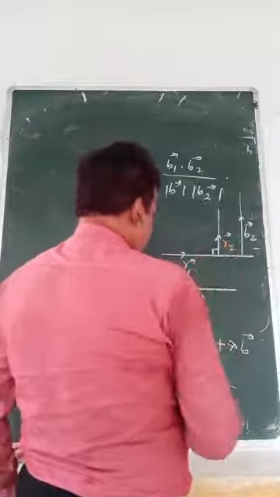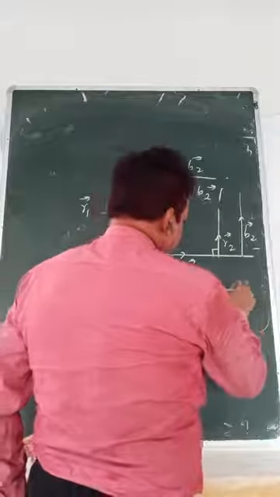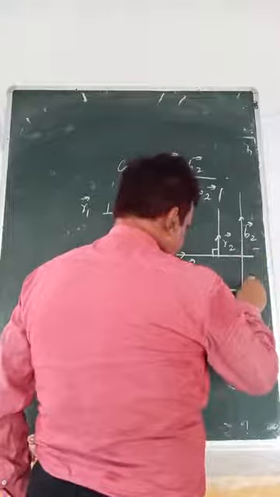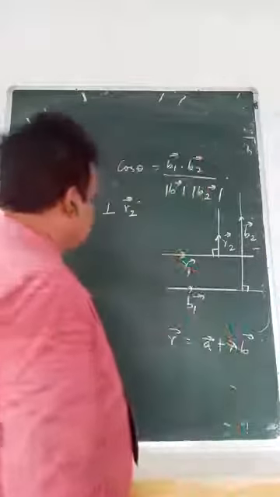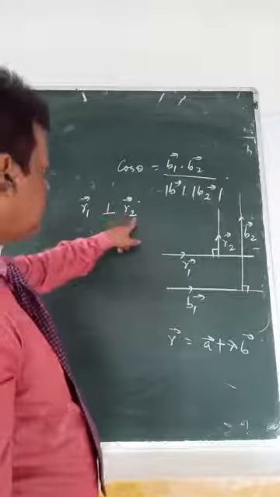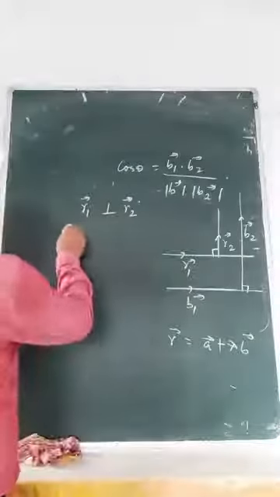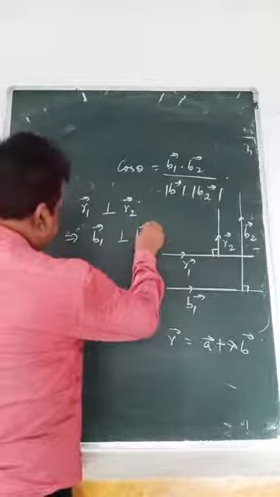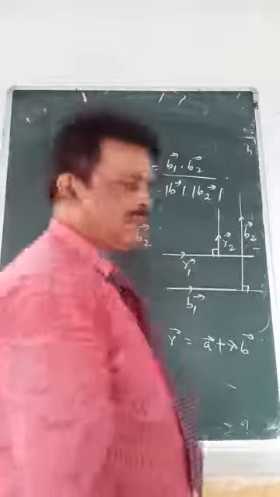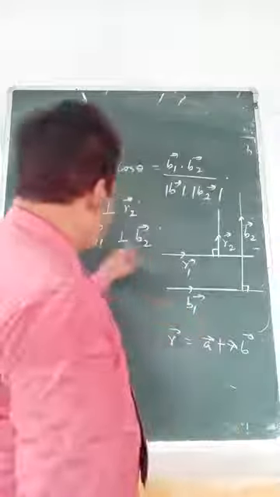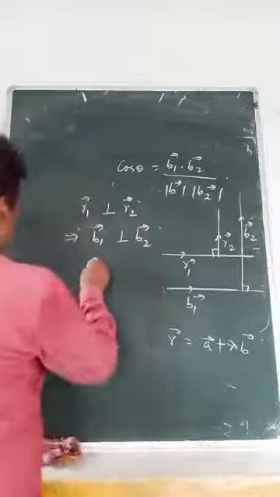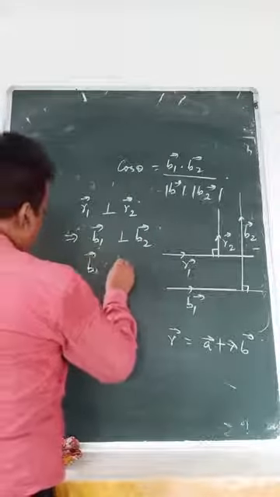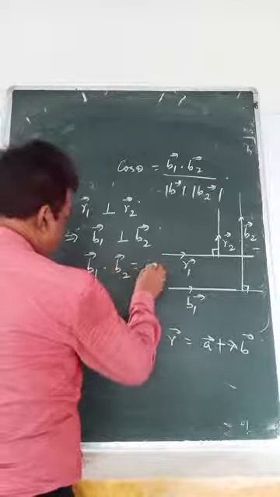If this is perpendicular, it is same as if you extend it, also perpendicular. So when you say r1 is perpendicular to r2, you can say b1 is perpendicular to b2. Okay, when b1 is perpendicular to b2, you write b1 dot b2 equals to 0.